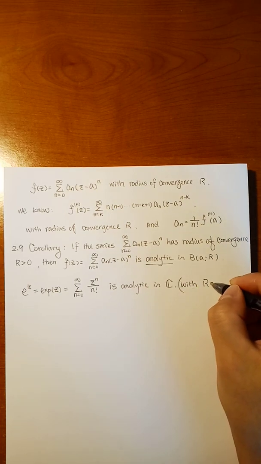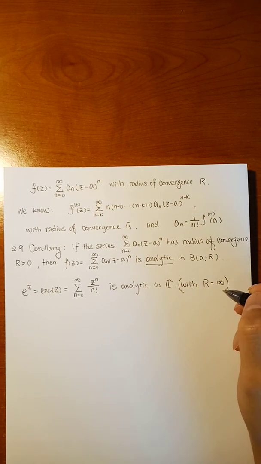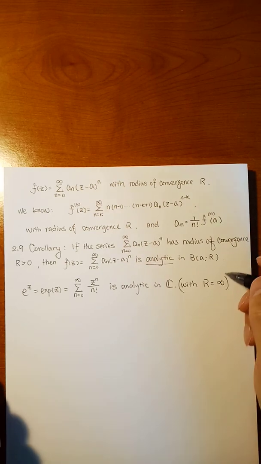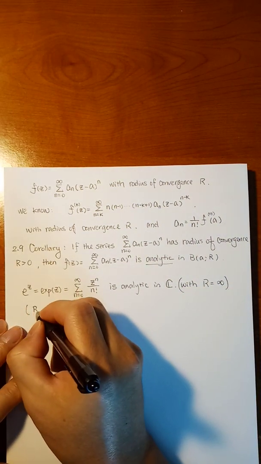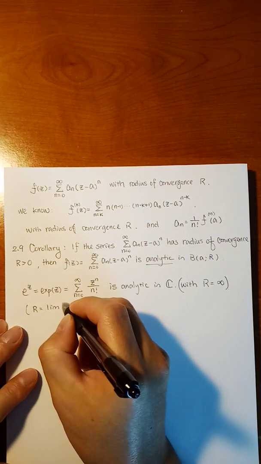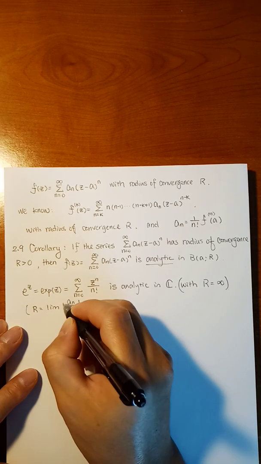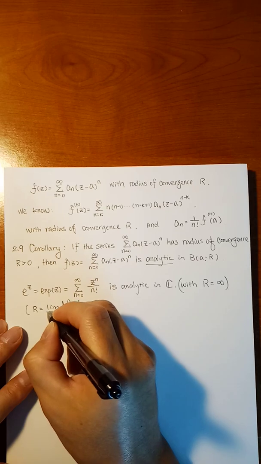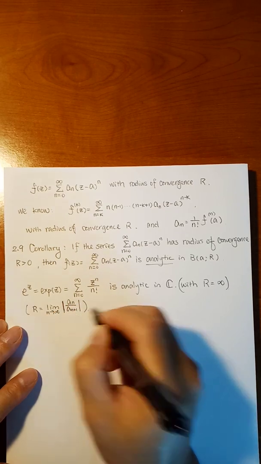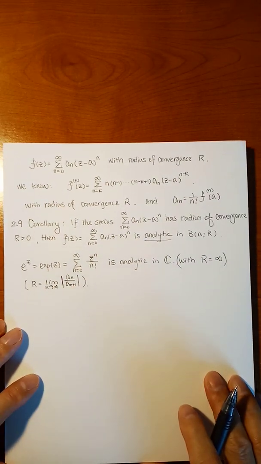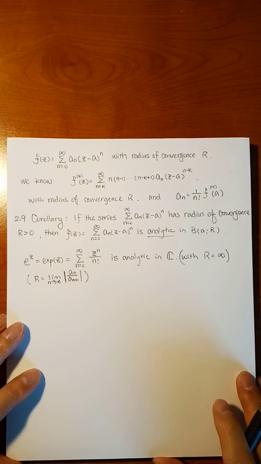Because the radius of convergence is infinity. We had examined it by using R is the limit of the absolute value of a_n over a_(n plus 1). Remember that. Okay.